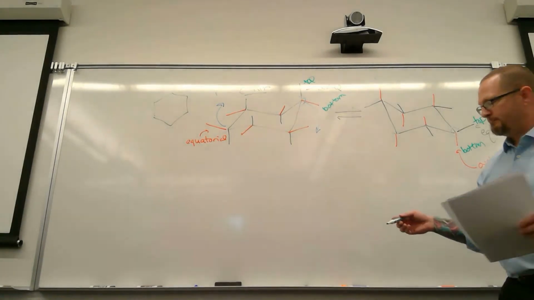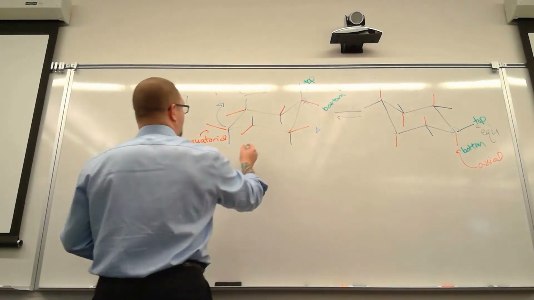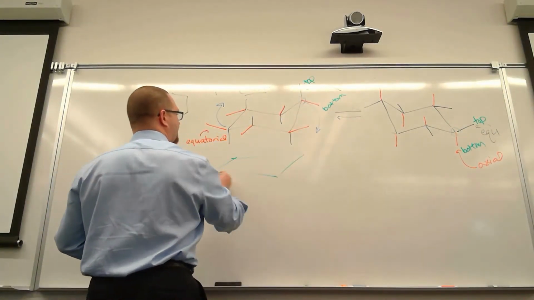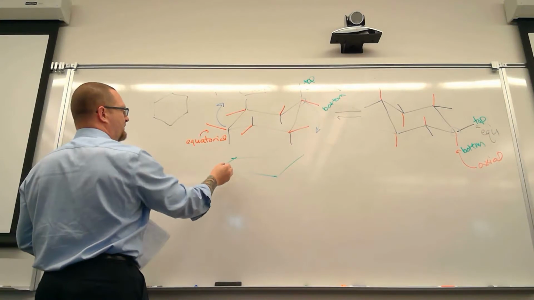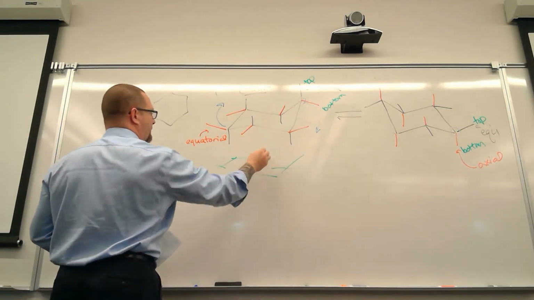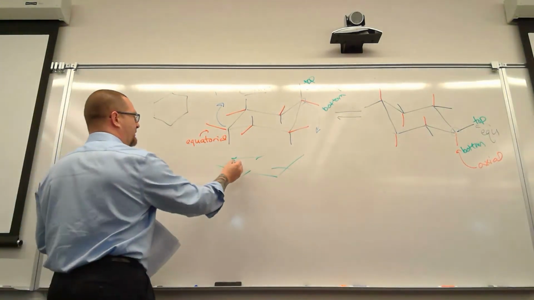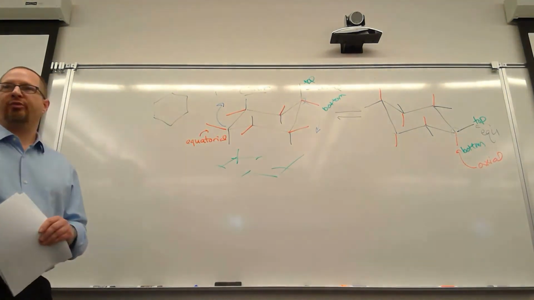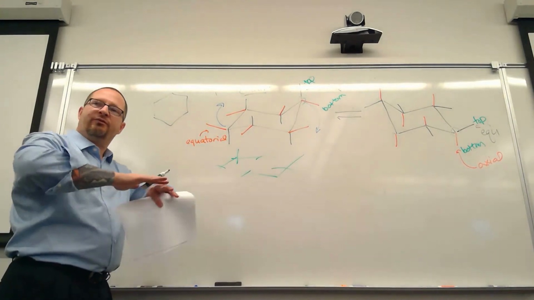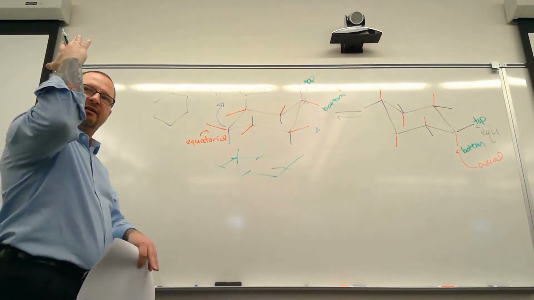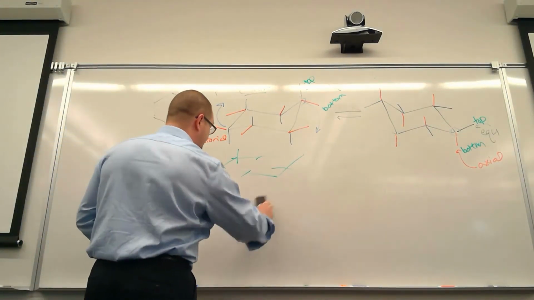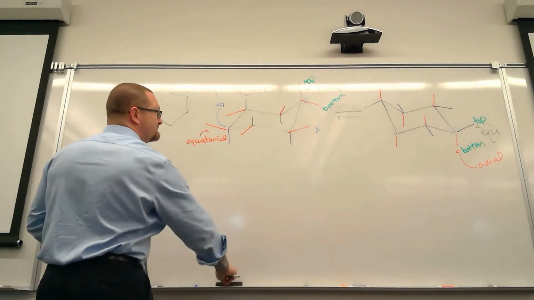And you can think of this as equatorial. If you were to draw this in a plane like this, the equatorial bonds are close to along the lines of the plane, whereas the axial are close to perpendicular to the plane. That's the rationale for equatorial versus axial.